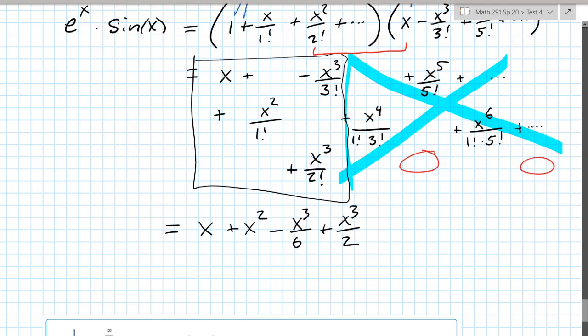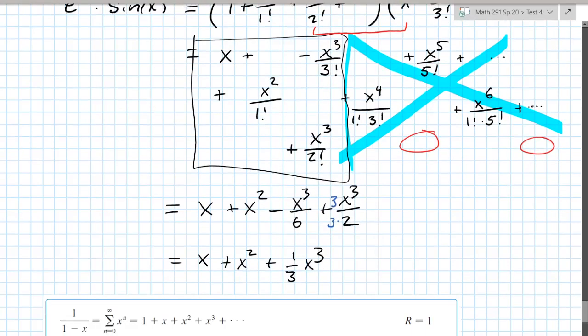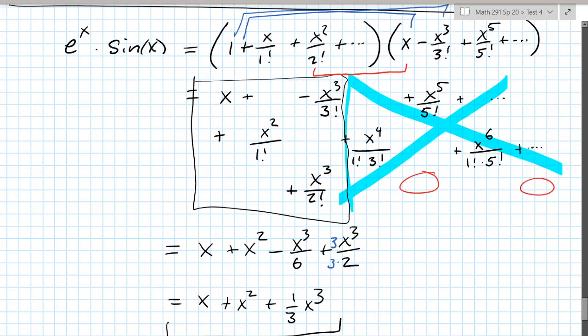And let's see if I can do fractions in my head. I need 3 of those. 3 of them minus 1 of them is 2 of them. 2 sixths is a third. So my final answer is x plus x squared plus 1/3 x cubed. So that is the first 3 terms of the expansion of e to the x times the sine of x.